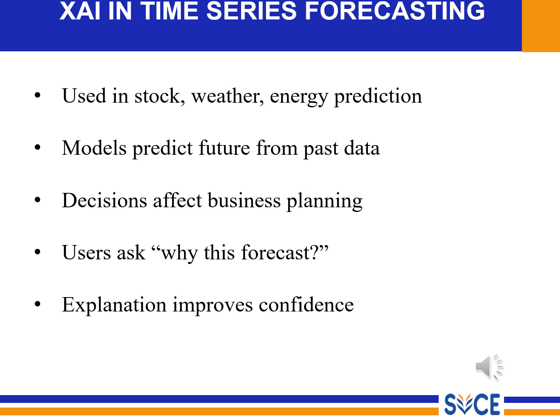Time series data refers to data that is collected over time, such as stock prices, weather conditions or energy consumption. The AI models use this data to predict future values based on past patterns.